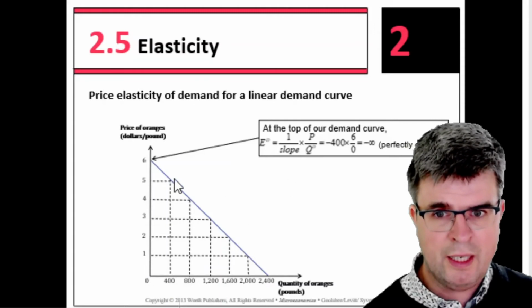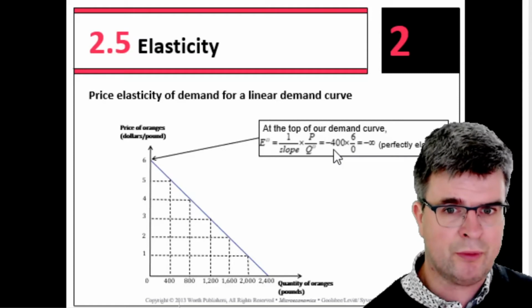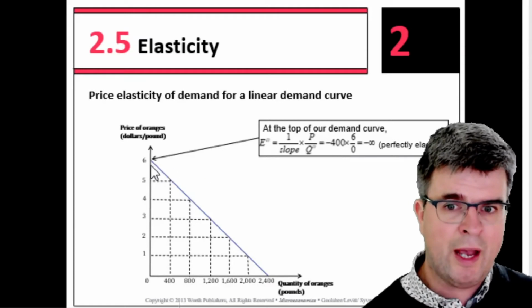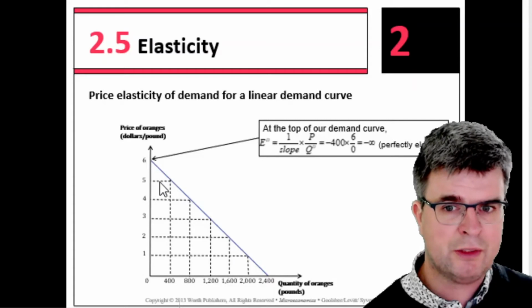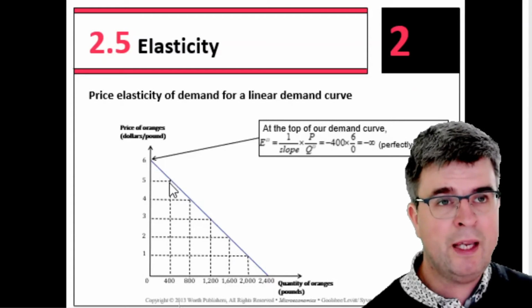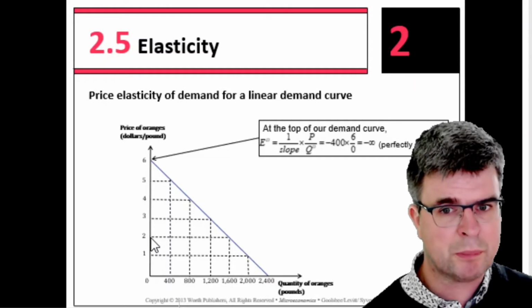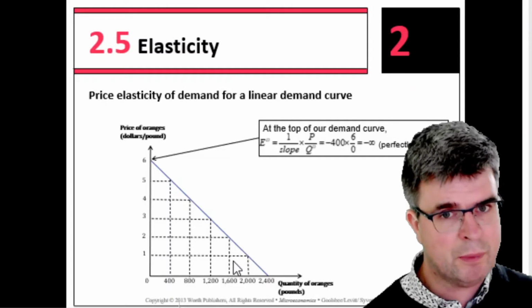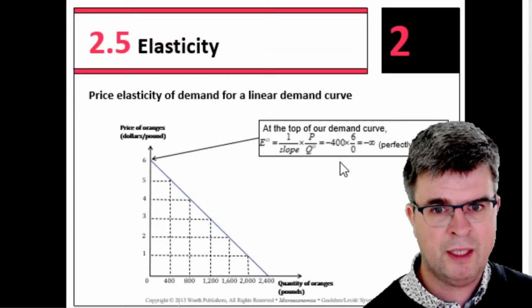So the inverse of this slope is equal to minus 400, meaning that for a 1 unit decrease in the price, demand will increase by 400. And vice versa, if we increase the price by 1, then the quantity demanded will drop by 400. So that gives the minus 400 here.